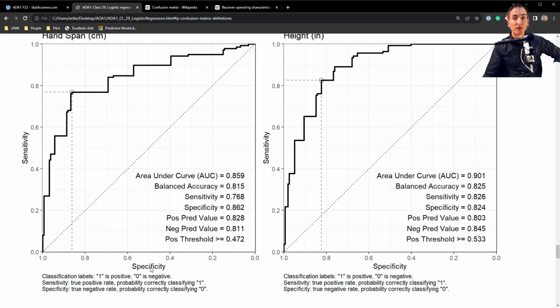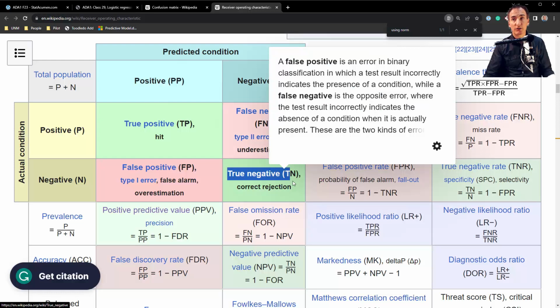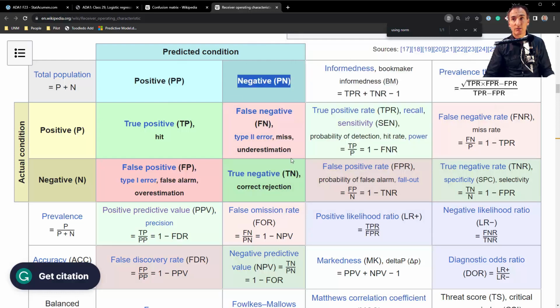Similarly, specificity, let's go over to the definition. We've got negative, here it is. It's the true negative rate. So we start with our true negatives, which is how many males we correctly classified as negative, divided by the total number of negatives, the total number of males.